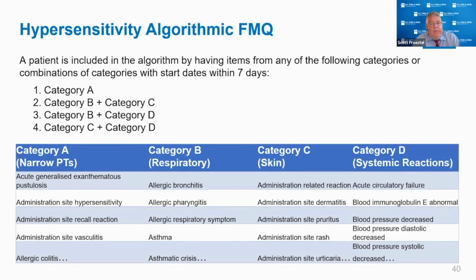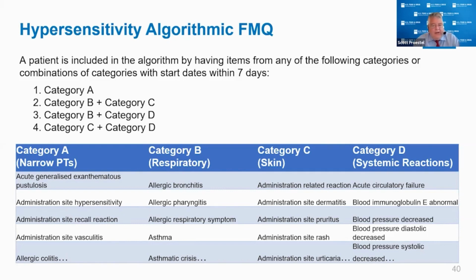And the final algorithmic FMQ, which was, I would have to say, a Herculean effort on the part of the working group. They were able to take a very complicated type of adverse event and simplify it into what you see here. So this involves really 4 columns of adverse events that are much longer than are displayed here.